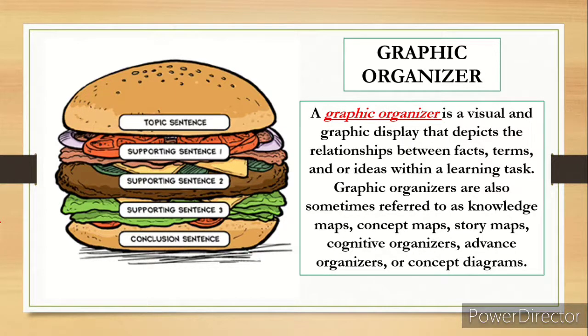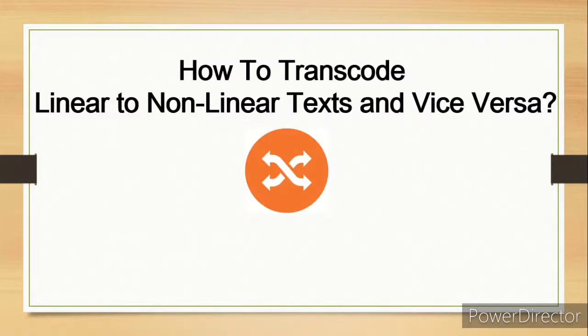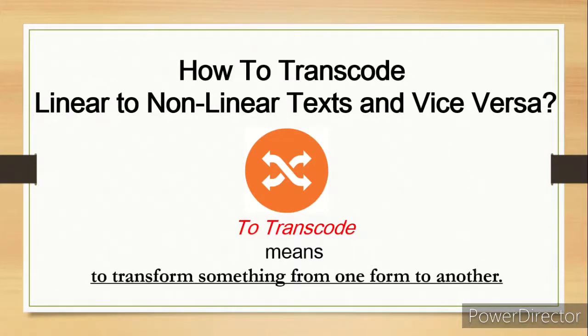Alright, now that you are familiar with linear and non-linear text, the big question now is, how do we transcode linear to nonlinear and vice versa? To transcode means to transform something from one form to another.